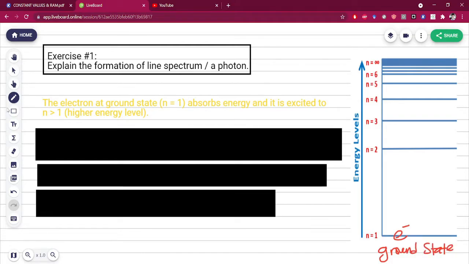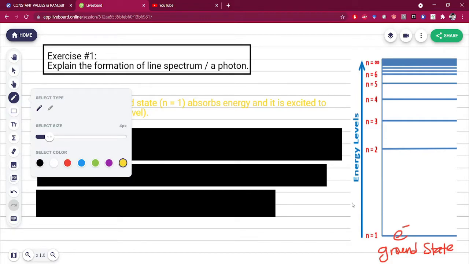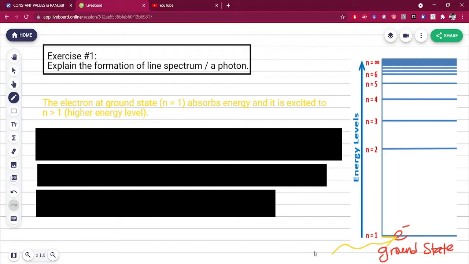And then what happened? It will absorb some amount of energy, and the electron will get excited to a much higher energy level. So it may go up to n equals 2, 3, 4, 5, depending on the amount of energy absorbed by the electron. So this is the first point that you need to write.